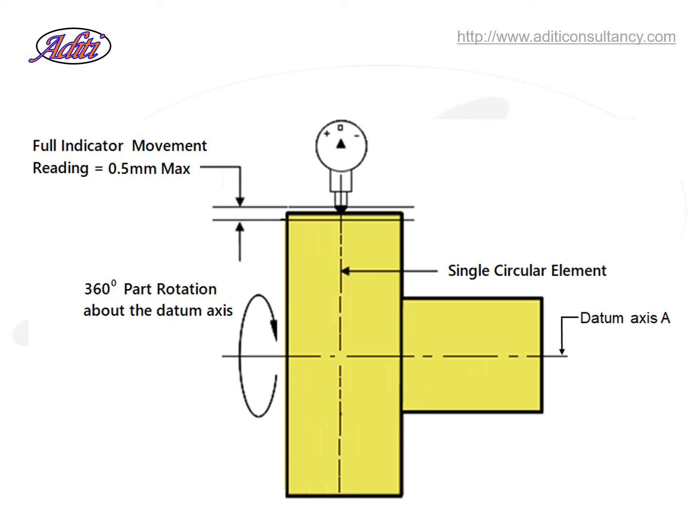When the job is rotated about the datum axis, the probe of the dial indicator will trace all the points on this circular element. For one full rotation of the job about the datum axis, the total up and down movement of the probe of this dial indicator will be noted down. This measurement can be repeated at different cross sections, tracing the different circular elements of the part surface.